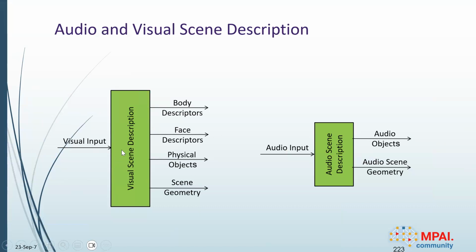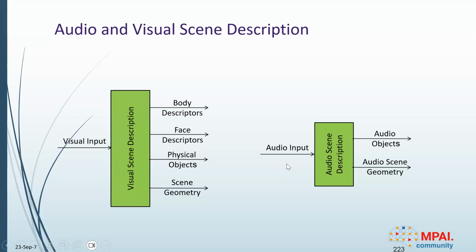We don't say which type of visual inputs we have, but what we define is that the visual scene description generates a scene geometry, which describes the scene, and then it also produces the physical objects that are in the scene, and it does not produce the human objects that are in the scene, but it produces the body descriptors and the face descriptors. Because this is more convenient, and in our use cases, this is what we need.